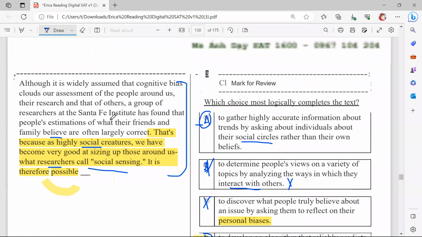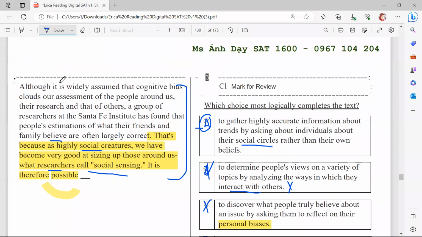Yes. If you look at the text, you will see, although it's widely believed that cognitive bias clouds our assessment of the people around us, a group of researchers at the institute has found that people's estimations of what their friends and family believe are often largely correct.